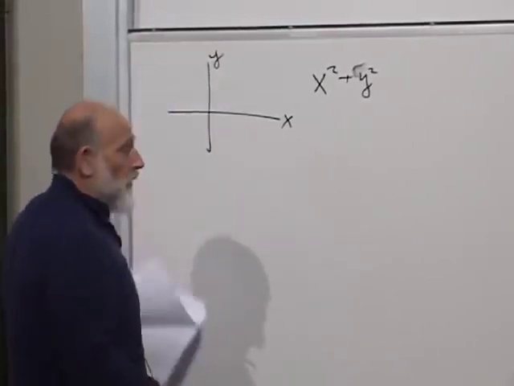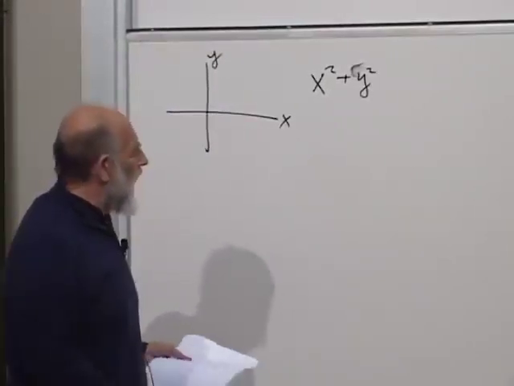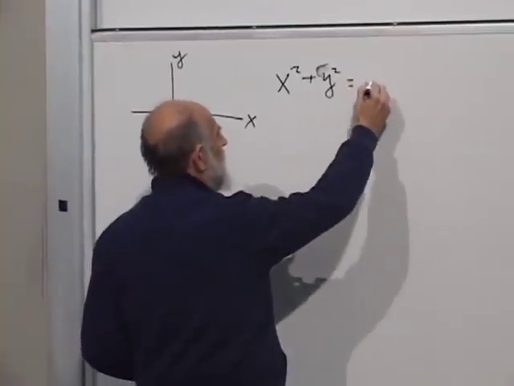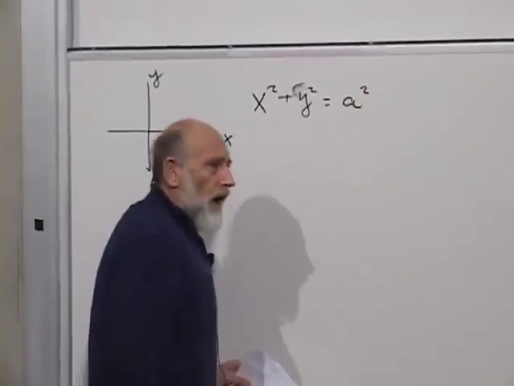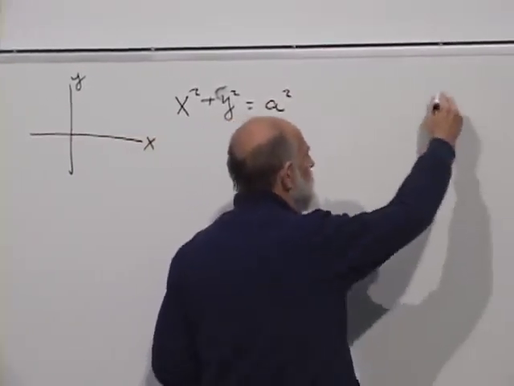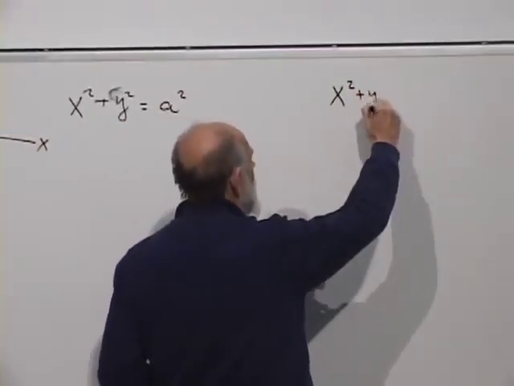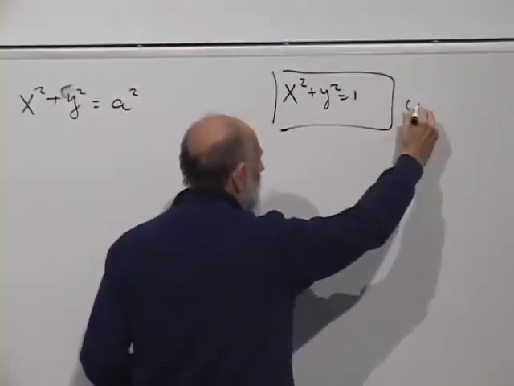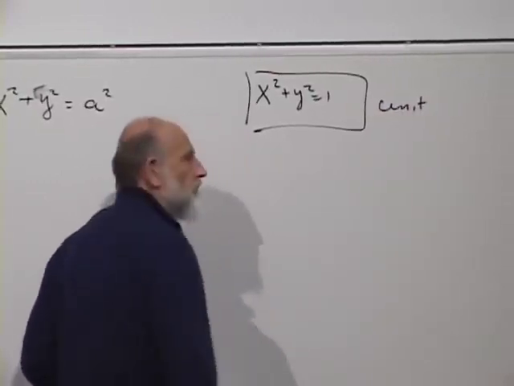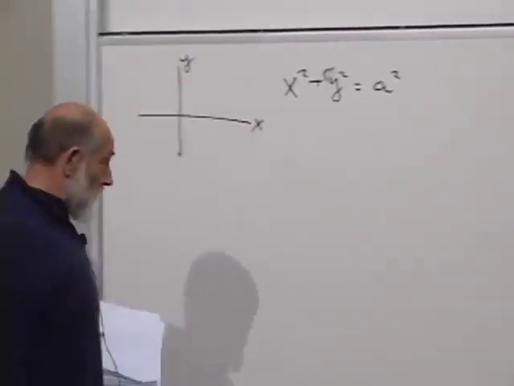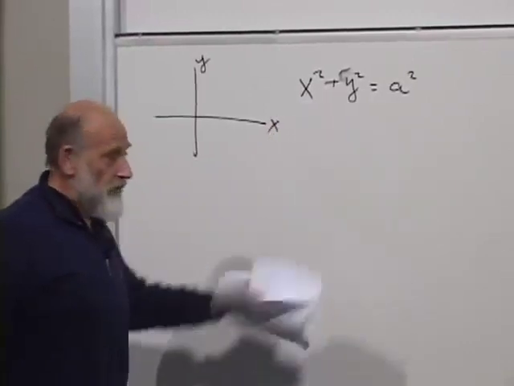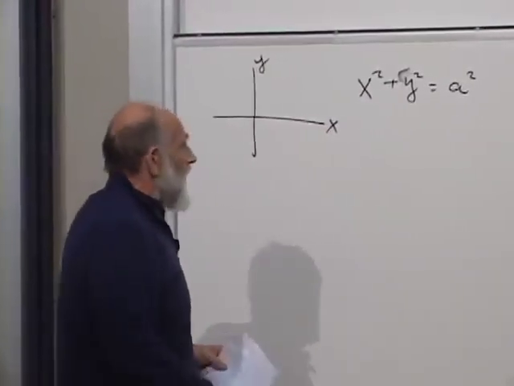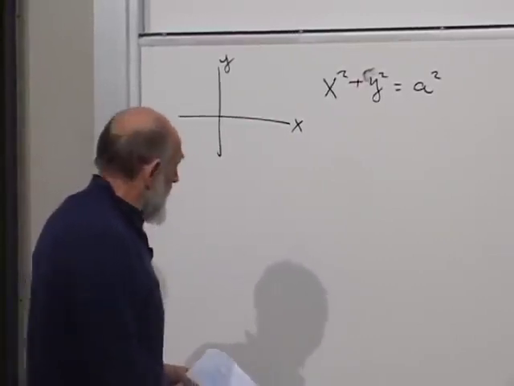Let's call the radius of the circle a. If the radius of the circle is a, then on the right-hand side, we would just write a squared. If we choose x squared plus y squared equals 1, we would call this a unit circle. That's the unit circle, or the unit one-sphere. This is the one-sphere of radius a, and that's about all we have to say about the one-sphere.